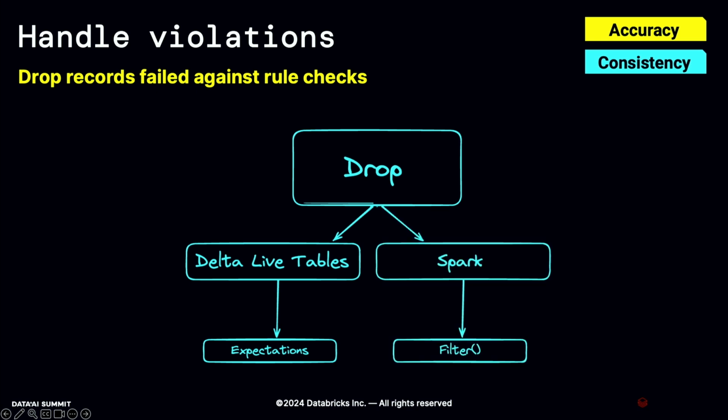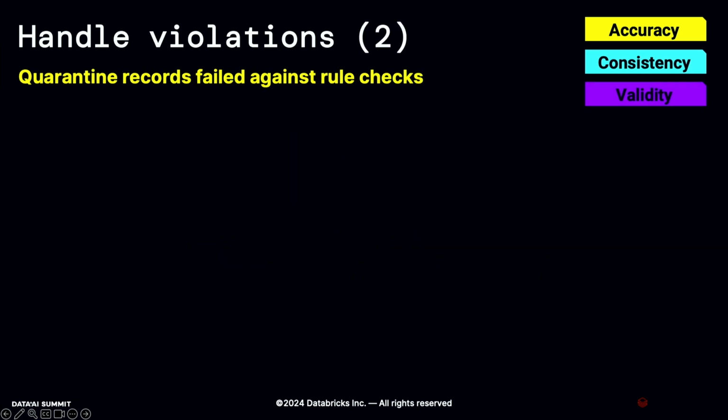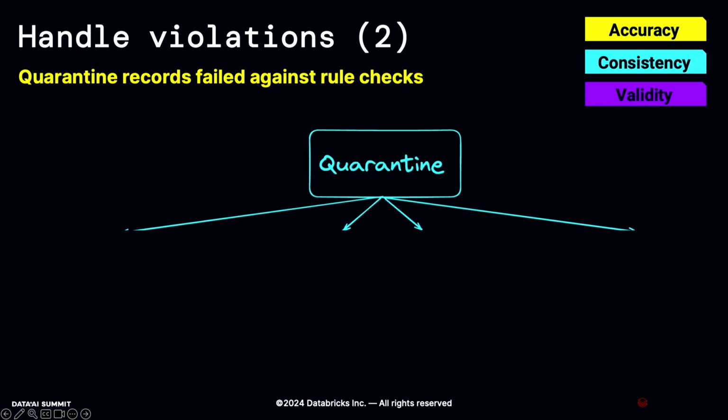The second thing you can do with Apache Spark is to do a filter. You can filter out the values that failed your data quality checks. If you don't want to drop the records, if you want to keep the records for later processing, you can potentially quarantine the data. Quarantine the data typically happens in two different stages. Either you do it during ingestion, or you can potentially do it during data processing.